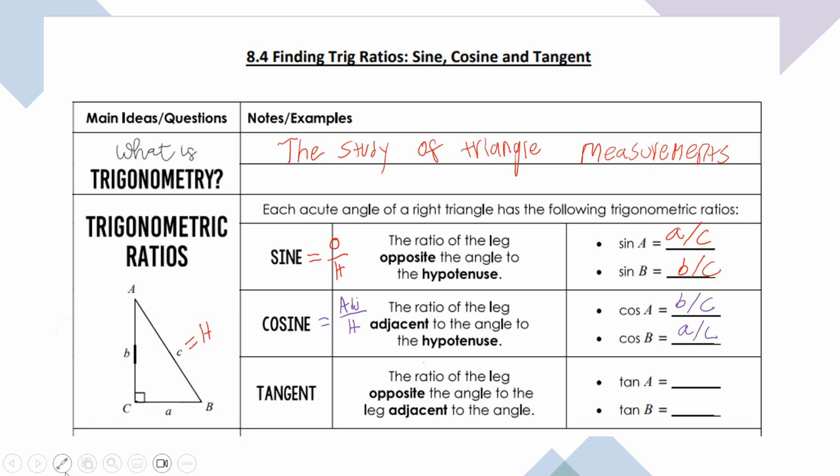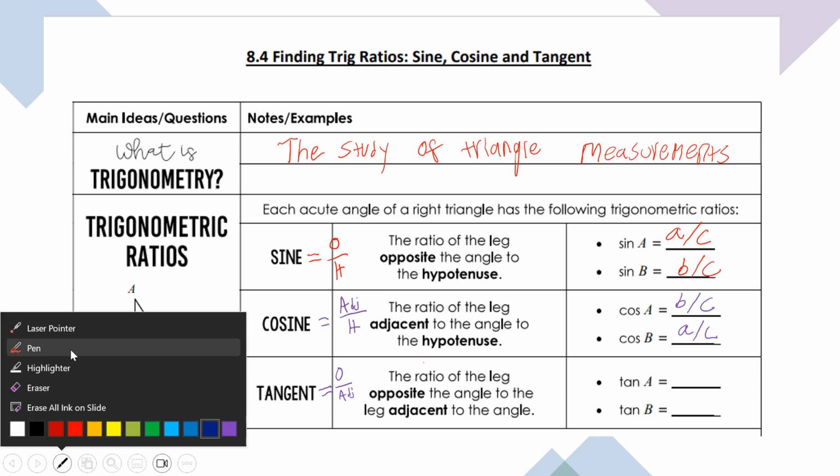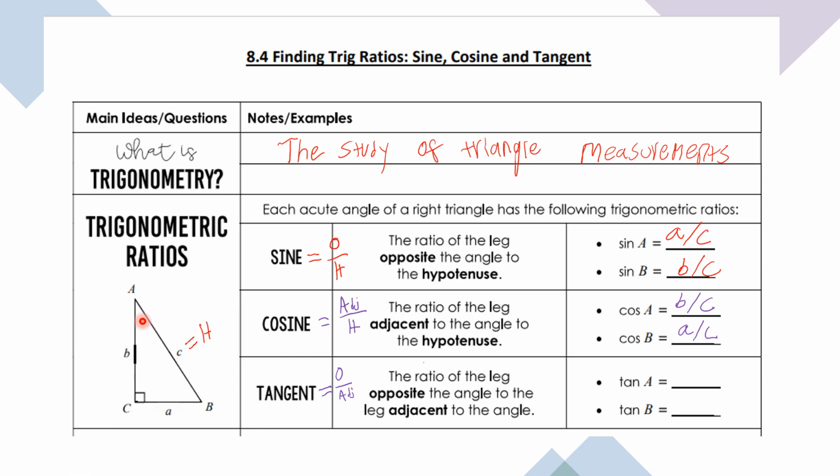Tangent. So tangent is a pretty special function, a pretty special ratio, and it is opposite over adjacent. Tangent is actually the only one where you don't need the hypotenuse at all. You just do opposite over adjacent. You don't need the hypotenuse at all. Okay, tangent of A. A is right here.